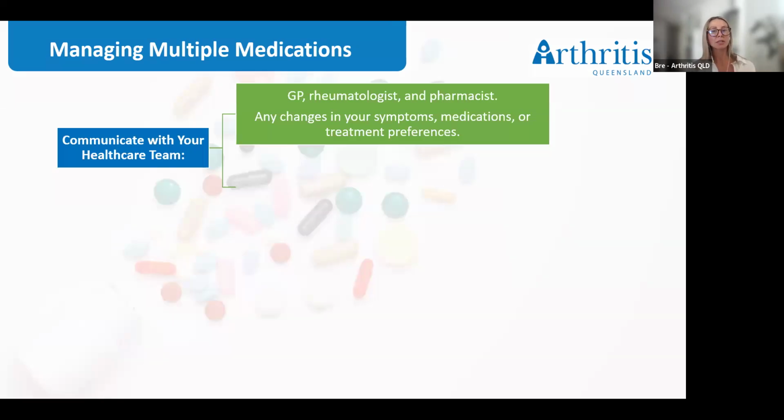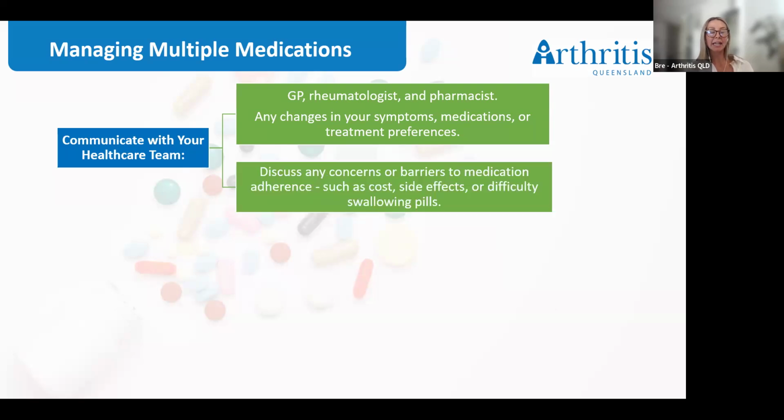So keep an open line of communication with your healthcare team, and that includes your GP, your rheumatologist, and pharmacist. Inform them of any changes to your symptoms, medications, or treatment preferences. Discuss any concerns or barriers to medication adherence with them.